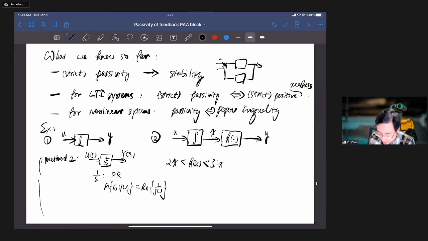This complex number is always on the imaginary axis. So it is always non-negative. That is from the approach of, we treat this as a linear time invariant block.